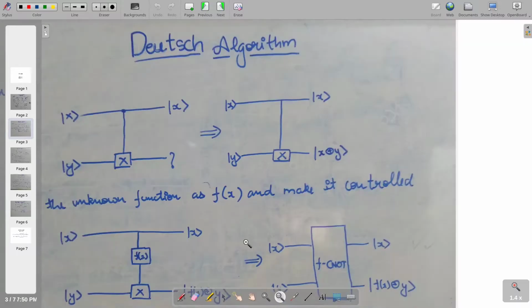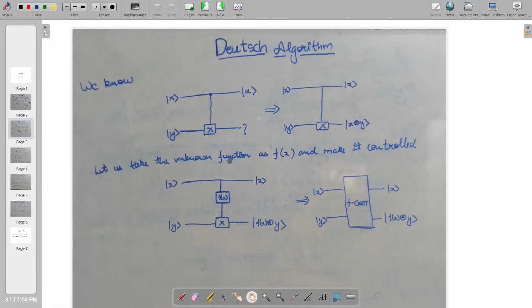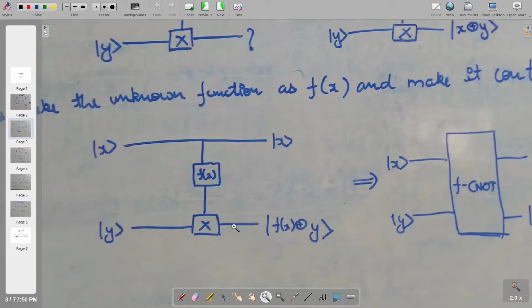Let us take this principle and explore it further. This is nothing but a CNOT gate, but the wire which was connecting to the control of the X gate, we have attached a function f.